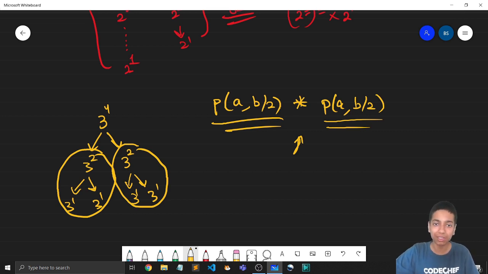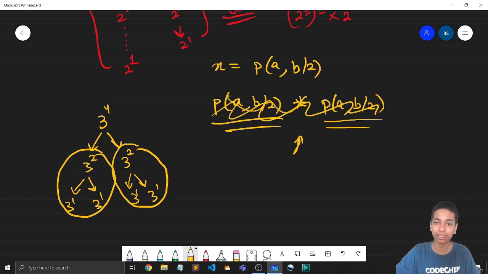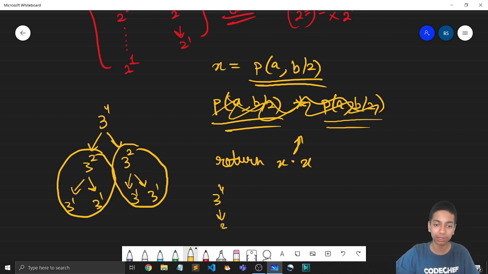Instead, use this. So you can use like a variable x, store it there, right? So store this in that variable, and then what you can do is instead of using this, you can return x into x, right? So this way you are only making the call once, and this is 3 to power 4 calls 2, which calls 1, right?